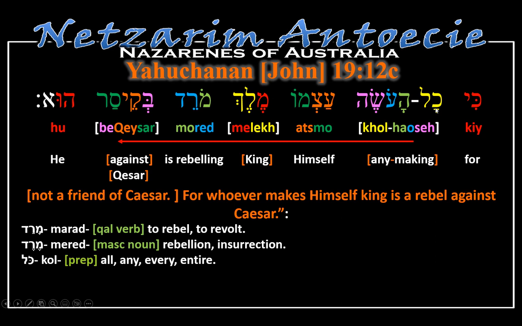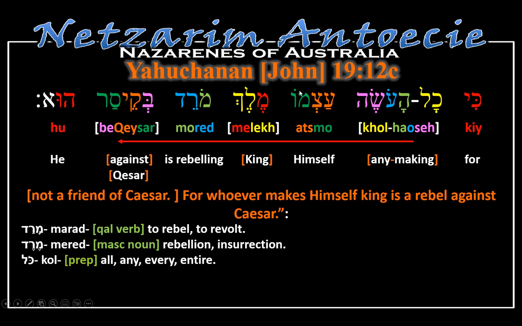Because it follows the kamatz rule, where it's a closed syllable, usually the first, and it gives us a short O sound. Kol. Sounds very similar. Kol, kol. Ha, osei, and it's got any. Now, the reason it's any, not all, is because also osei is doing. So it is any doing or making.